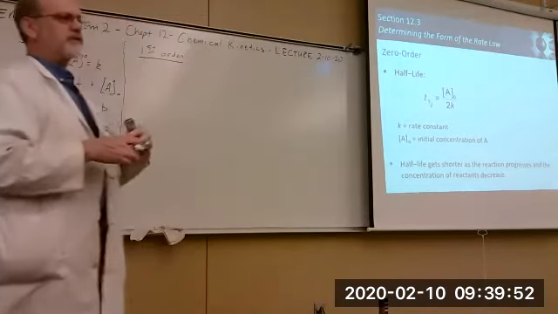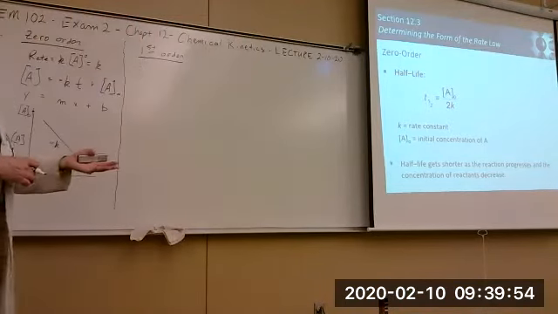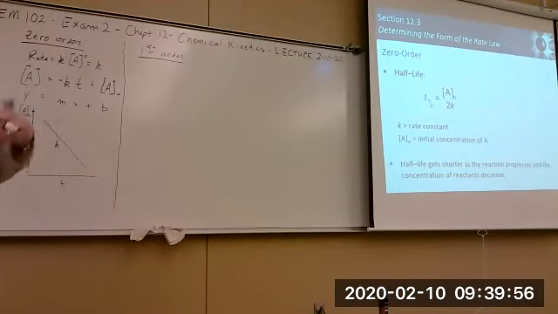It's similar to the half-life of a radioactive isotope. How about carbon-14? How long does it take for half of it to disappear? For carbon-14, I think it's in the neighborhood of 1,000 years. We use that in chemical kinetics as well.